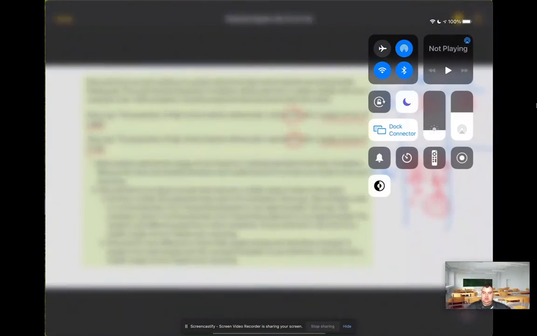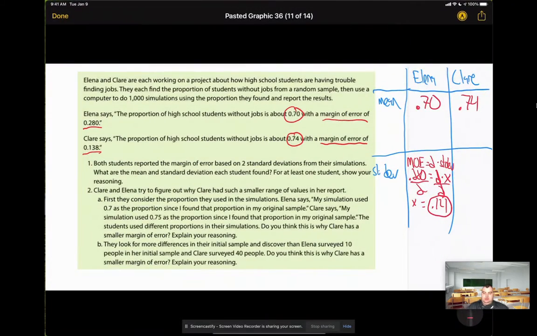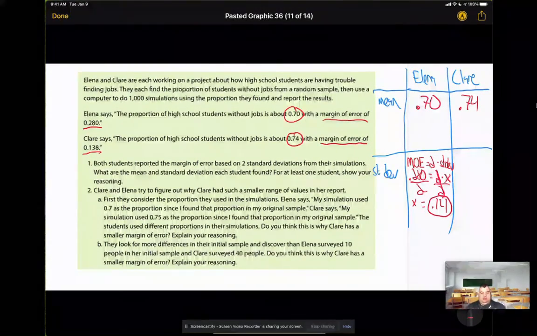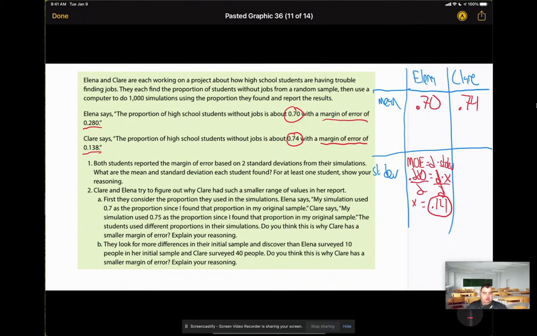Now for Claire, we're going to do the same thing, except we're going to use her margin of error. So it's going to be 0.138 equals 2x.